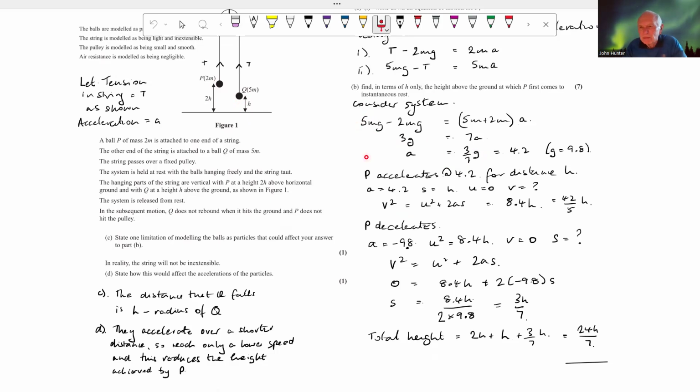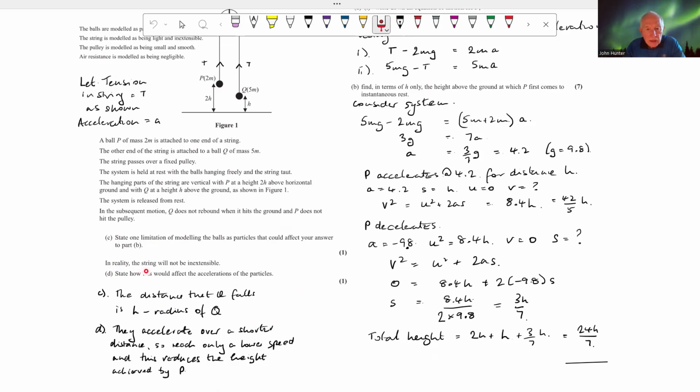So that's why we model it as a particle, because it makes all these measurements fairly straightforward and AS level friendly. But of course, in reality, it wouldn't be that. So that's one assumption that affects the answer.